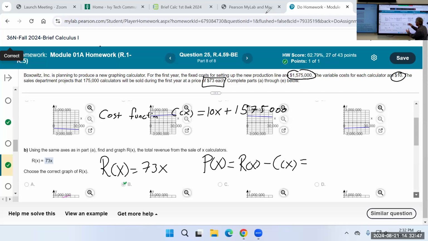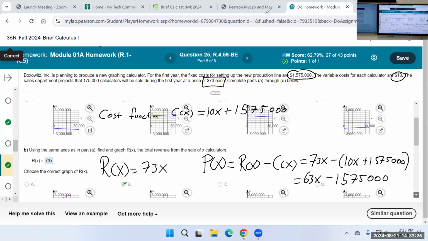So from that, in this problem, we have 73x minus 10x, so we just want to subtract it away. Revenue minus cost, that's the profit. So 73x minus 10x is 63x, minus $1,575,000. That would be my profit equation.